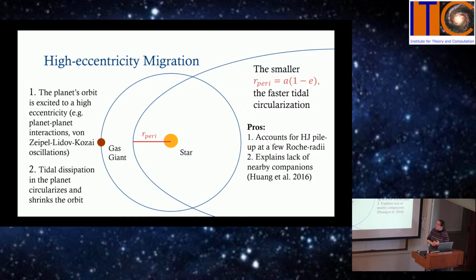It can explain a lack of nearby companions, although I think there's some recent work suggesting that there are some hot Jupiters that have detected companions, but many of them do not, which would be consistent with a more dynamic formation process like high eccentricity migration. And it can account for large stellar obliquities, which I'll talk about a bit more later. But various types of high eccentricity migration can result in a significant misalignment between the planet's orbit and the spin axis of its host star.